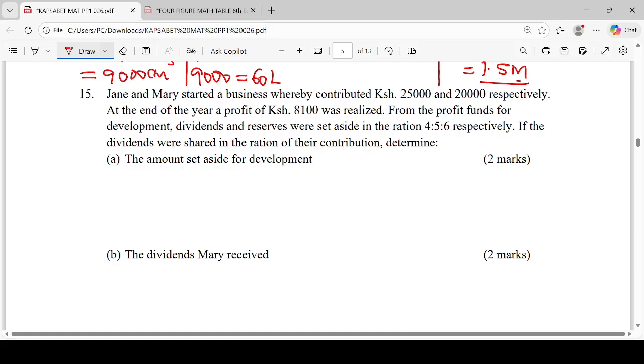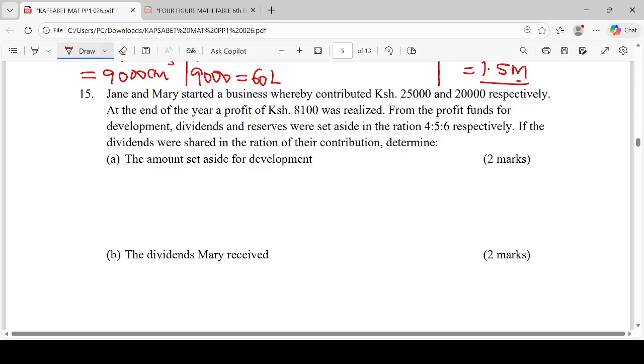From the profit, funds for development, dividends and reserves were set aside in the ratio 4:5:6 respectively. If the dividends were shared in the ratio of their contribution, determine part A, the amount set aside for development.